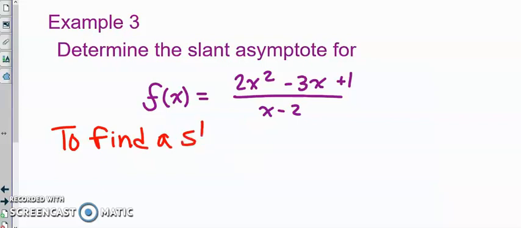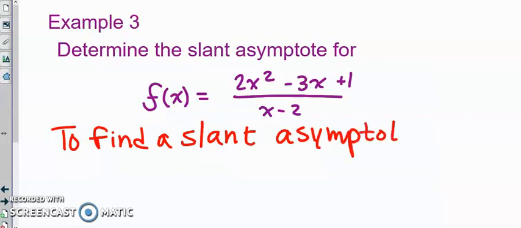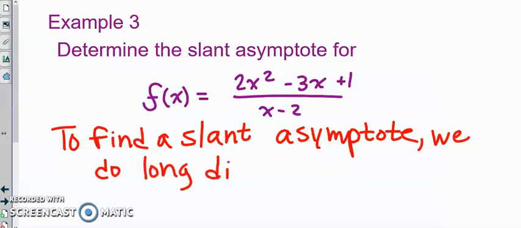if I can spell, that would be great today. To find the slant asymptote, we're going to do long division. So long division going on here.